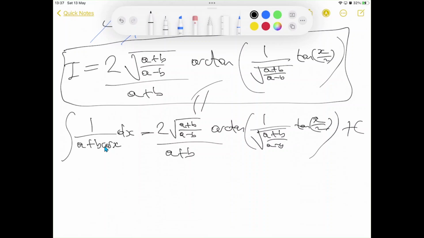I forgot plus c. Let's use plus c4, because I've already used c1, c2, and c3. In this situation, c4 is just the constant of integration. So that's the answer.